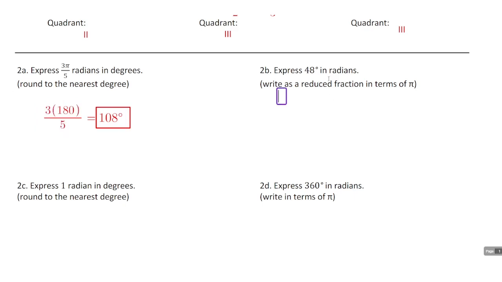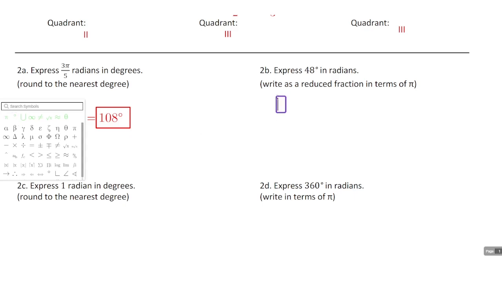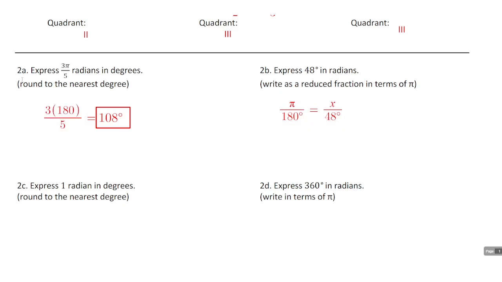All right, so the setup here is we're going to have pi radians is to 180 degrees as x radians, which is what we're trying to find, is to 48 degrees. So just make sure your degrees are lined up, your radians are lined up, and you really can't go wrong here.